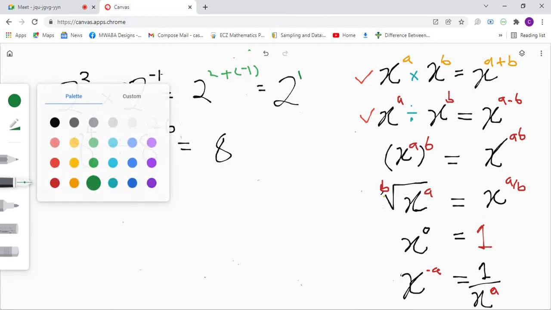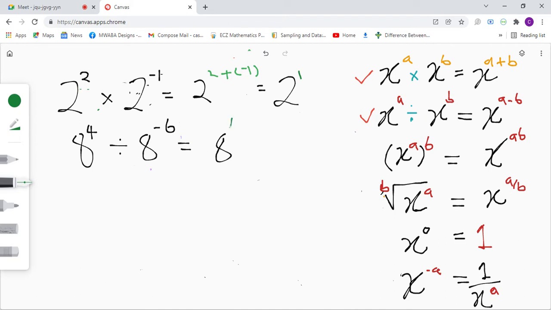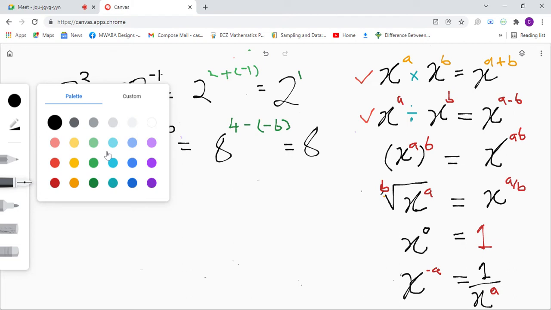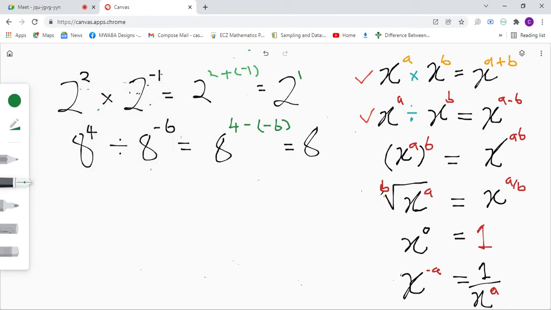Then we have 4 minus -6. A negative and a negative become positive, so this becomes 4 plus 6. So 4 plus 6 is 10, and we have 8 to the power 10.